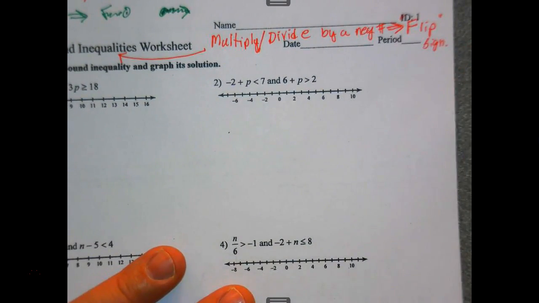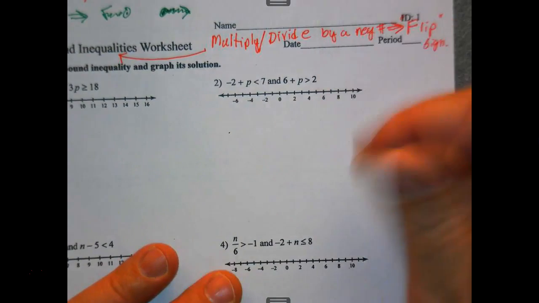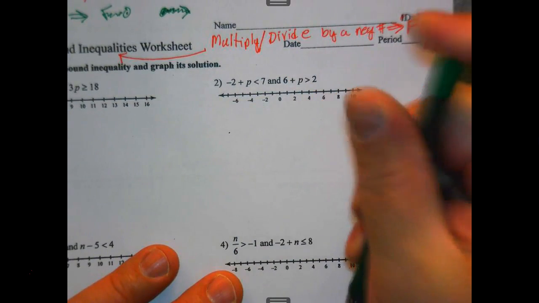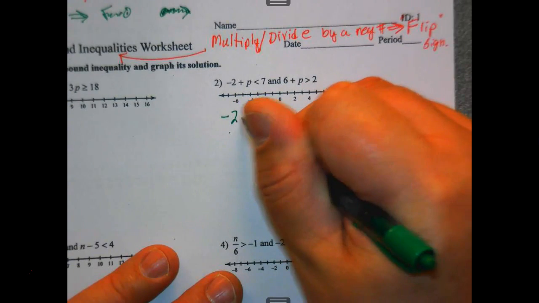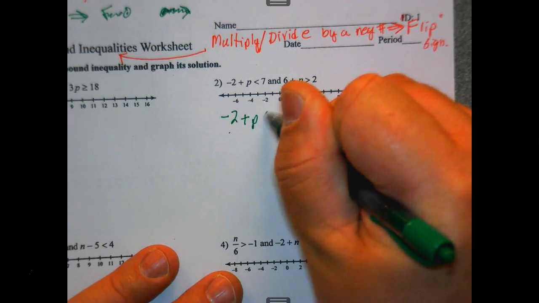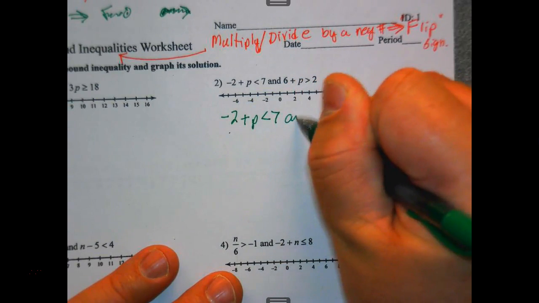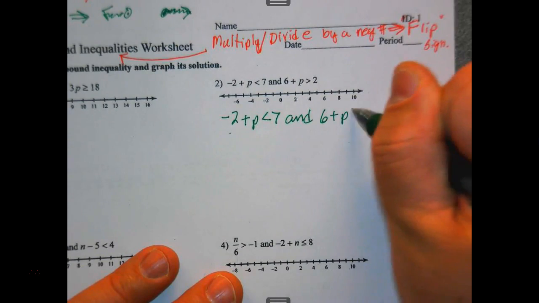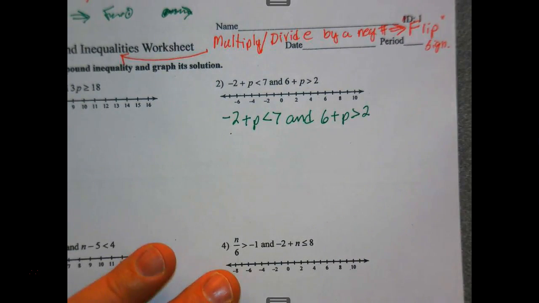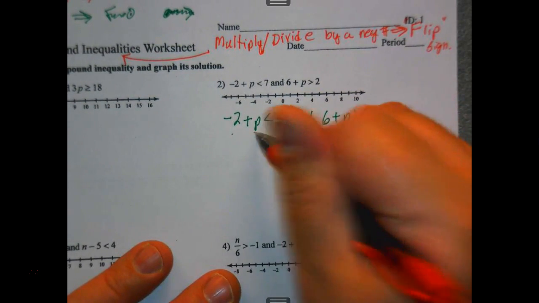These graphs came underneath it, so I'm going to rewrite the problem underneath the graph. Okay, so I'm going to solve this for p.